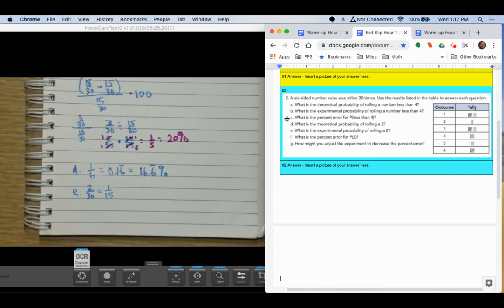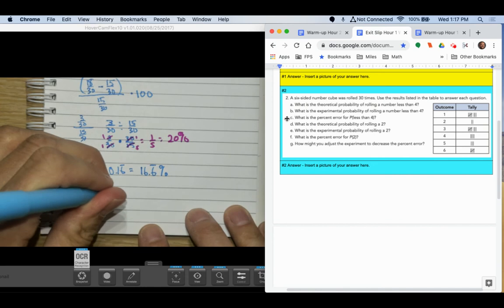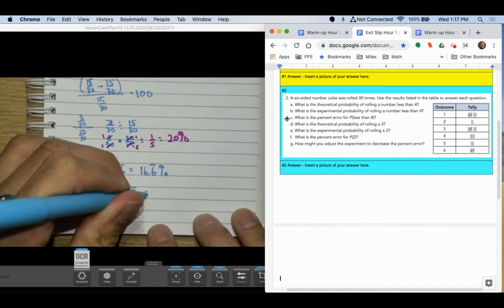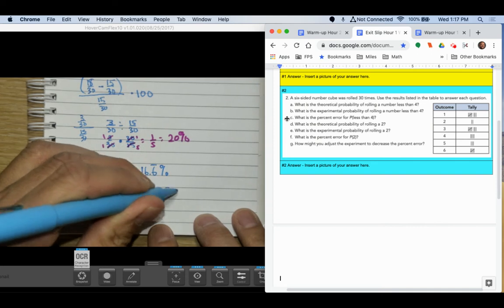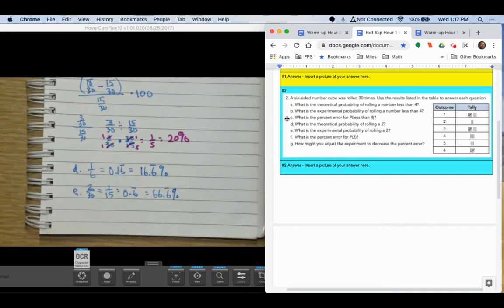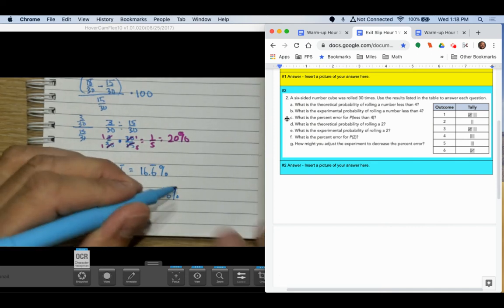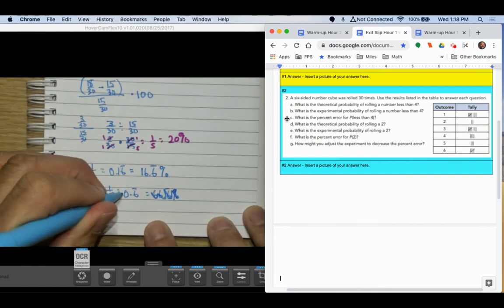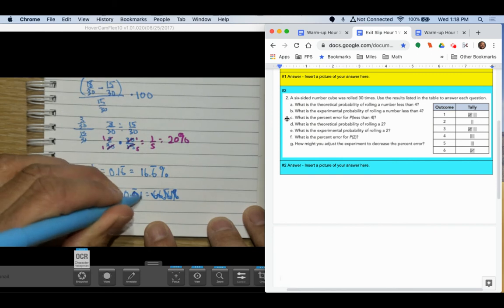Here is where I would actually have to take my calculator. And I will do so. And I take 1 divided by 15, and I get a decimal of much smaller, of 0.06 repeated, which is the same as 6.6% repeated. Oops, mistake.